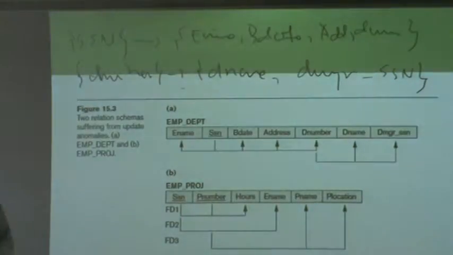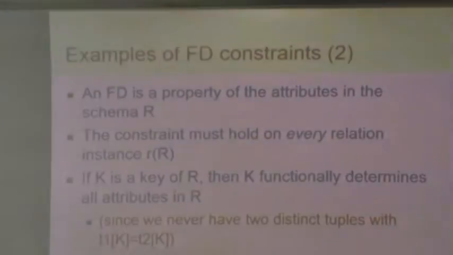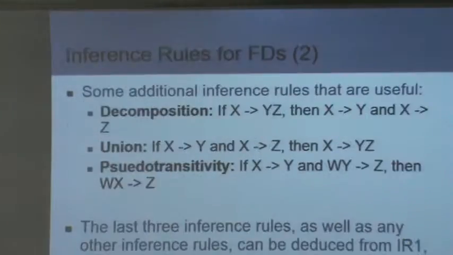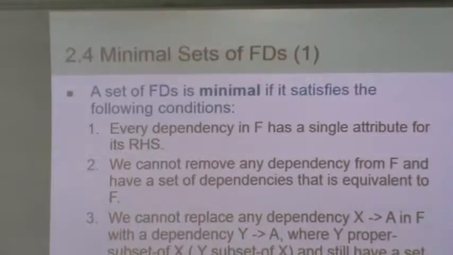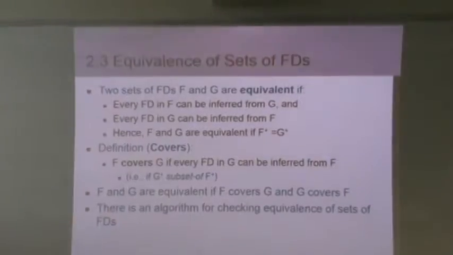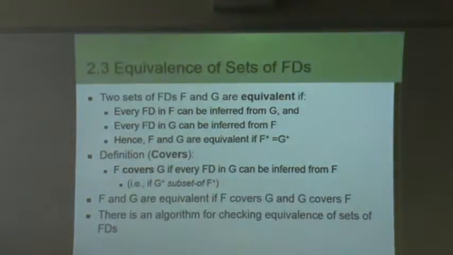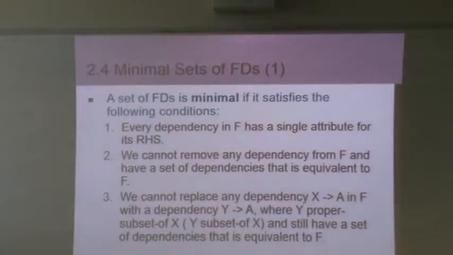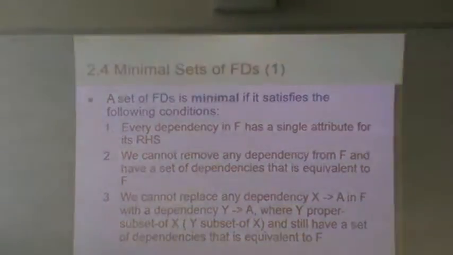This is called minimal functional dependency. Actually, minimal functional dependency is mathematically defined. The minimal set of functional dependencies. This is one of the mathematical ways to define the minimal.